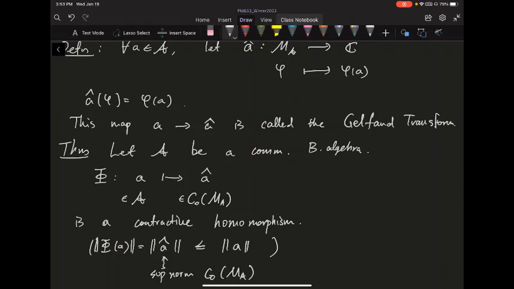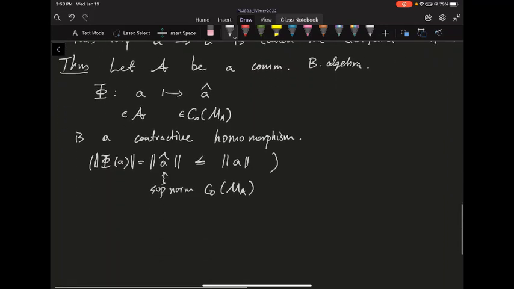There are certain conditions when this is an equality, but we're not going to get there. But in any case, this is the first part of the theorem, and moreover, the image phi of A, being an algebra of functions on C0 of MA, is going to separate points.